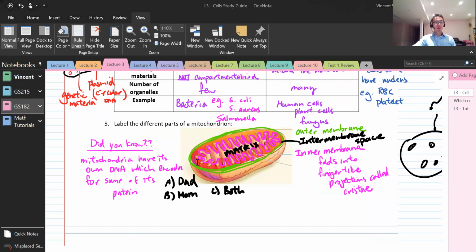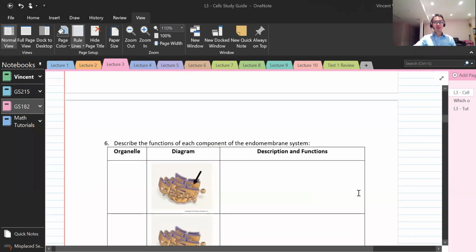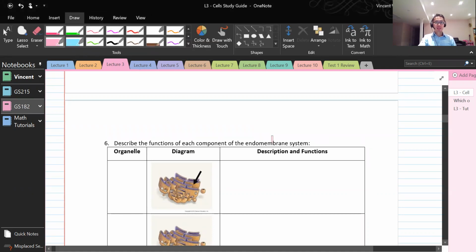Let's move on to the next part. Here is: describe the functions of each component of the endomembrane system. What is the endomembrane system?